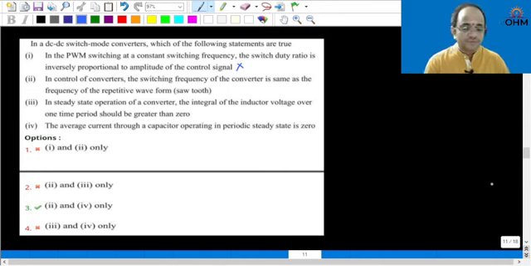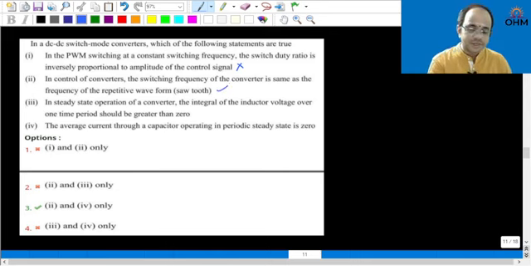In control of converters, the switching frequency of the converter is the same as the frequency of the repetitive waveform, which is a sawtooth waveform. This is correct. Especially in DC to DC converters or inverters, the switching frequency will be the same as the sawtooth frequency, and the fundamental frequency of the output will be the same as the frequency of the modulating signal.